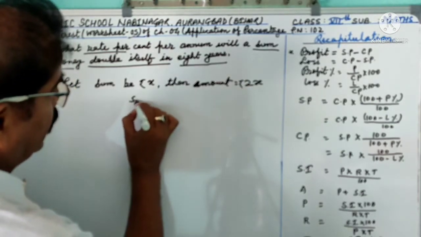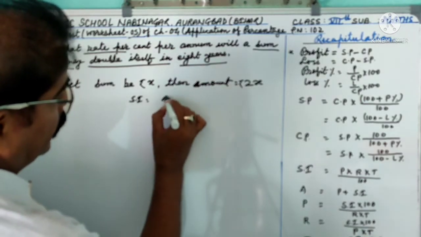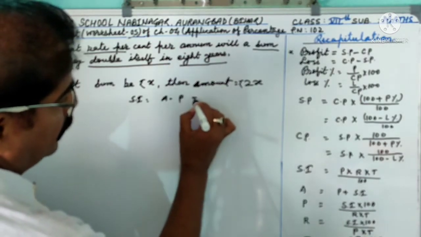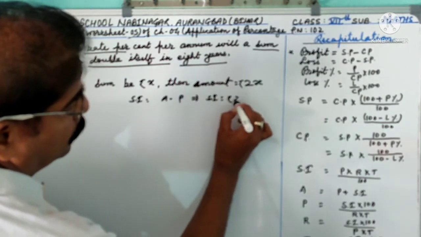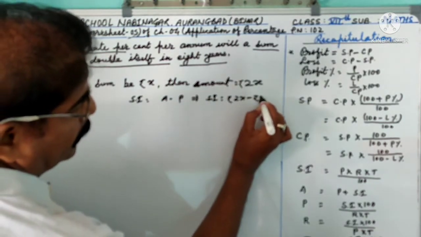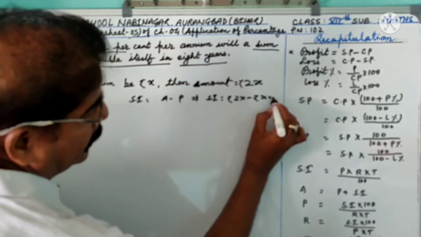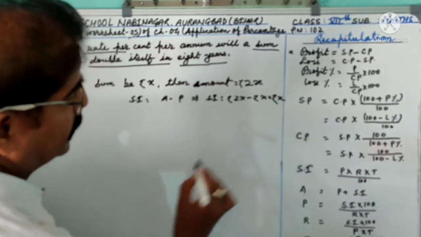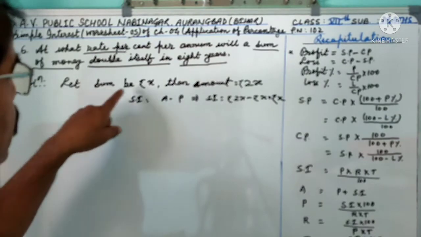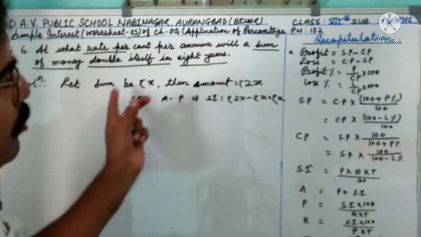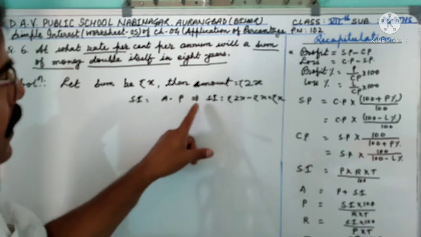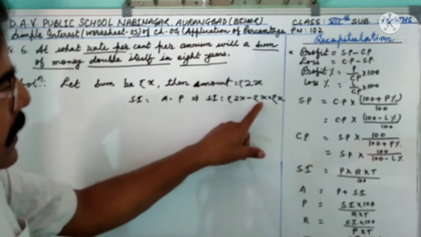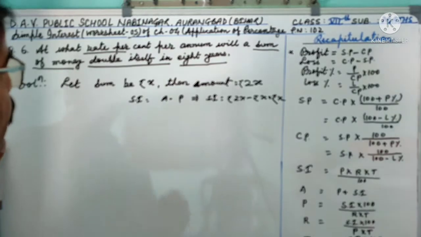So SI equals amount minus principal, that is SI equals 2x minus x, that is rupees x. Then let sum be x, amount is double, that is 2x. So SI equals amount minus principal, so SI equals 2x minus x, that is rupees x.